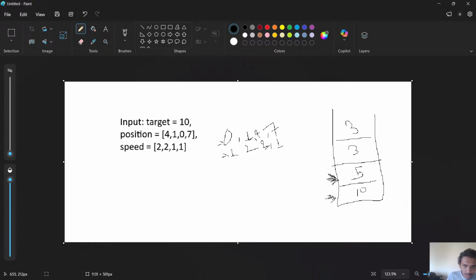With these it will be 4, 6, then 8, then 9. And for this it will be 3, 5 and 7.